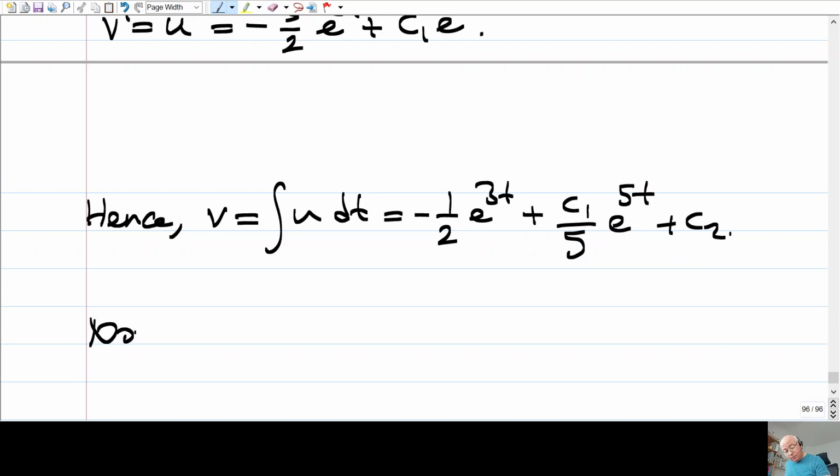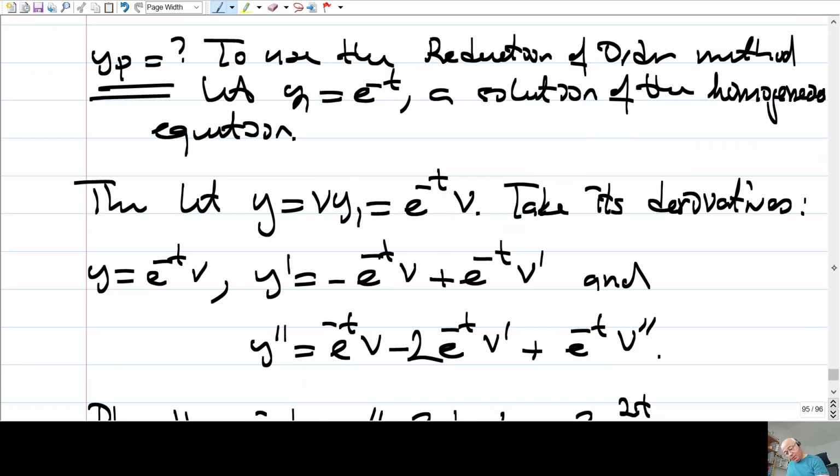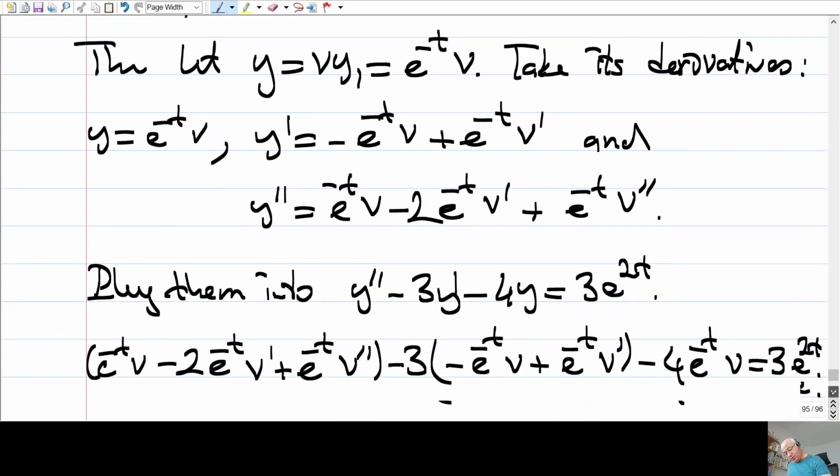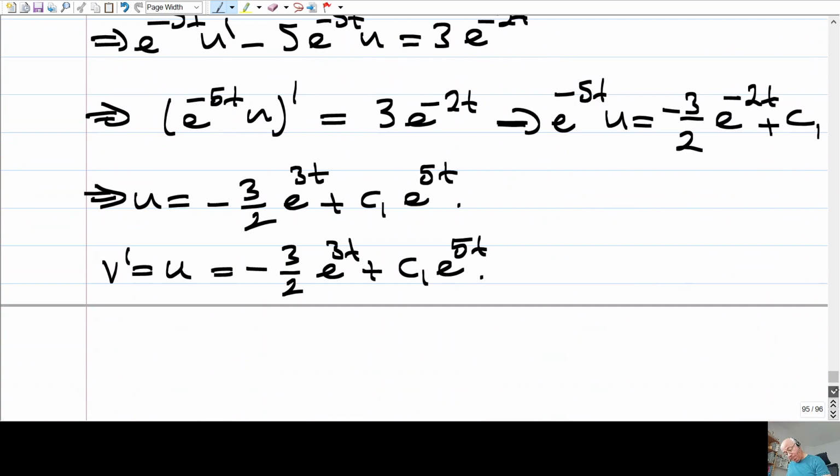And what was the solution? Now y equals v times y1, right? v1 was not, y1 was e to the power minus t, right? So y is v times y1, which is e to the power minus t.